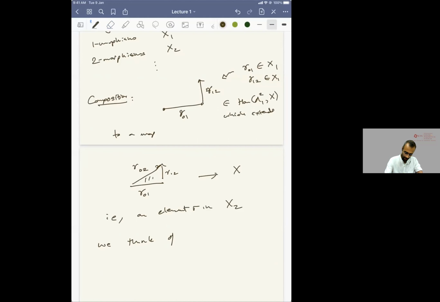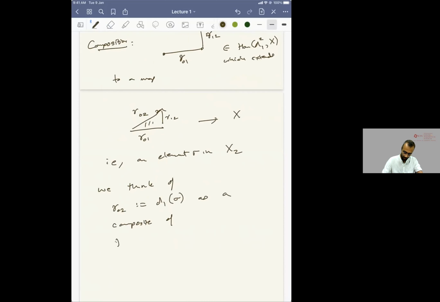We think of gamma 0,2, which is by definition the boundary opposite the one face of sigma, as a composite of gamma 0,1, which is by definition the D2 boundary of sigma, and gamma 1,2, which is by definition the D1, sorry, the D0 boundary of sigma.